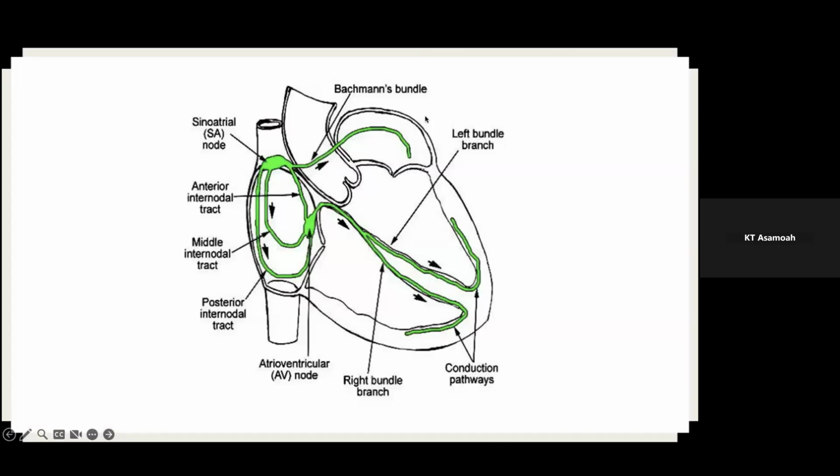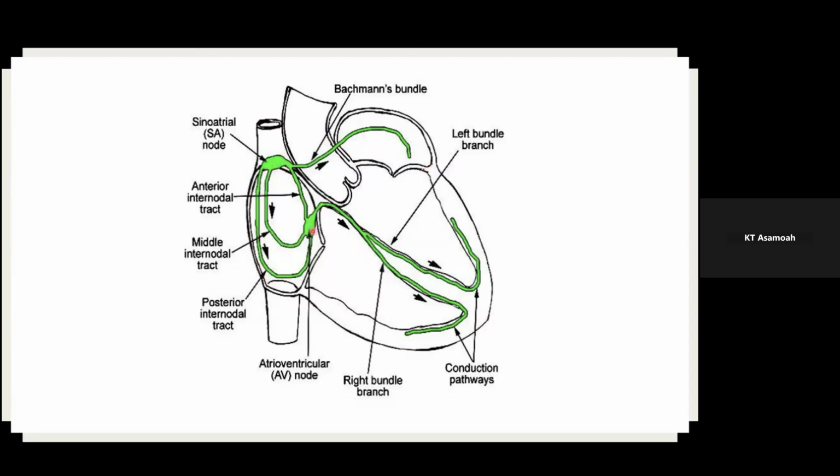So just as an overview, and I'm sure we all know this: the SA node is in the high right atrium, the posterior superior wall of the right atrium. It depolarizes spontaneously, sends impulses via Bachmann's bundle to the left atrium, and the internodal tracts depolarize the right atrium.